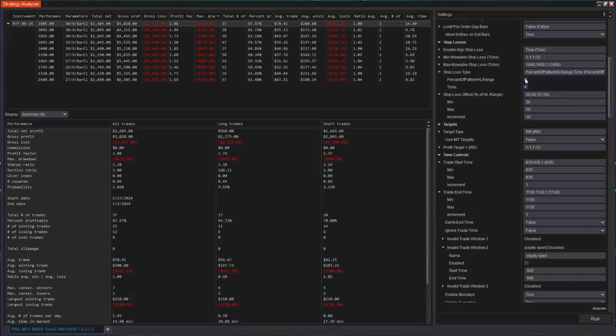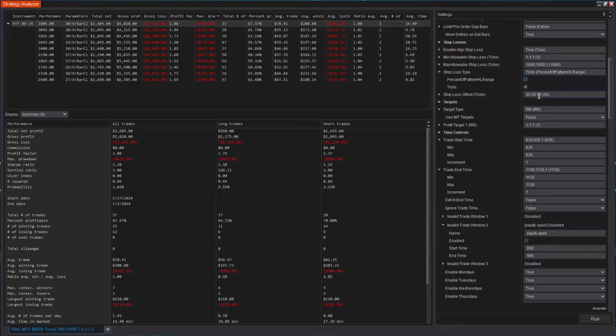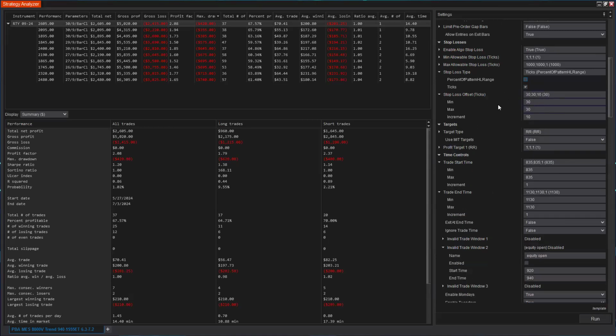So let's do this. Now I'm going to go by ticks, and we're going to do the offset. It's a 30 tick range bar. So let's offset anywhere 10 ticks to 30 ticks. And let's go by threes. Well, here, let's go by twos.